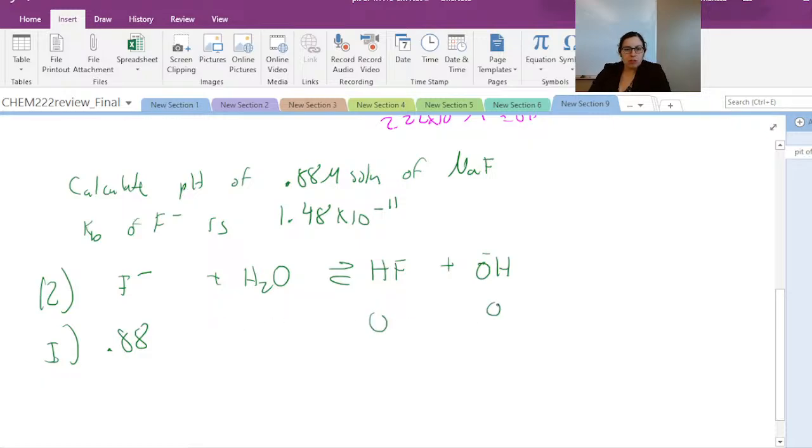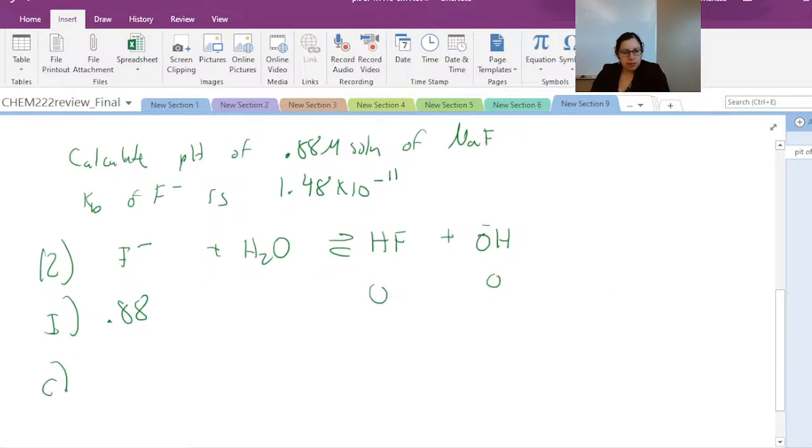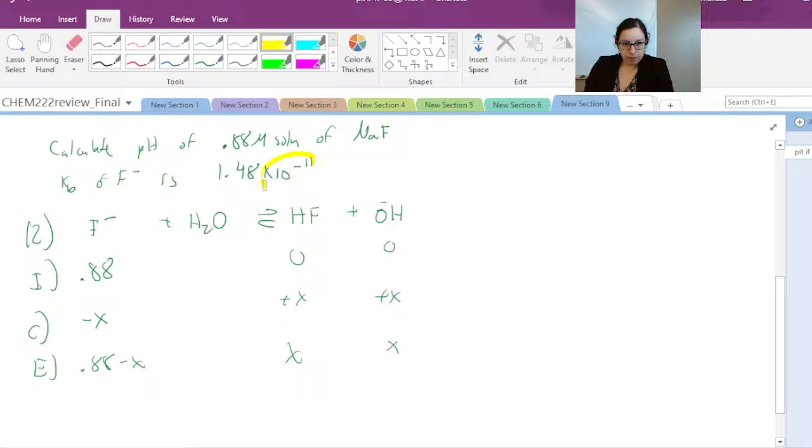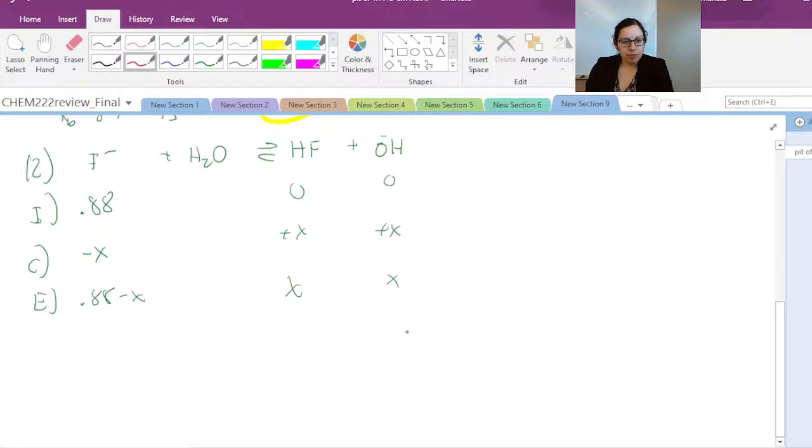So then the rest should just follow at this point. Minus x, plus x, plus x, just like before, right? Just now we're looking at Kb and solving for hydroxide. Equilibrium looks pretty similar. I'm probably going to take some liberty there and assume our 5% approximation is valid.